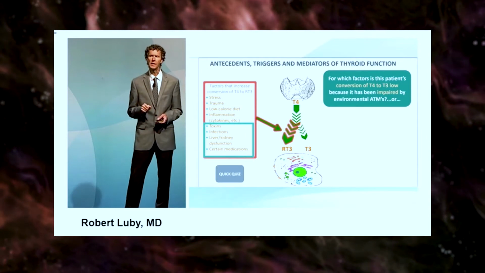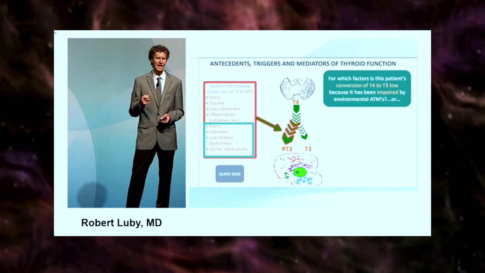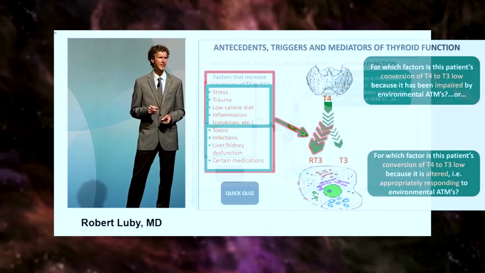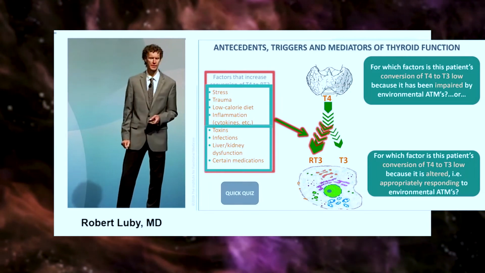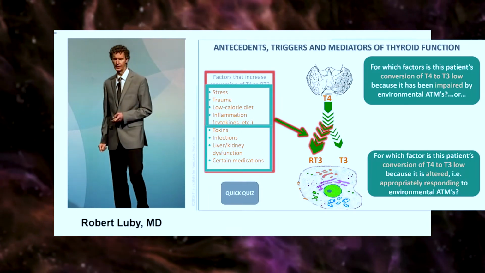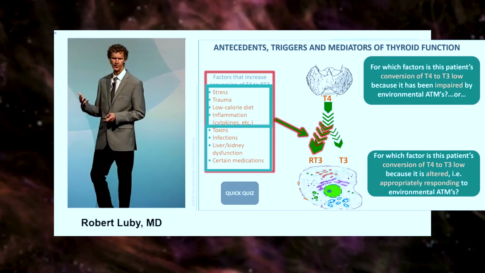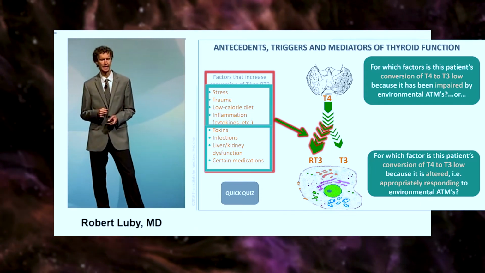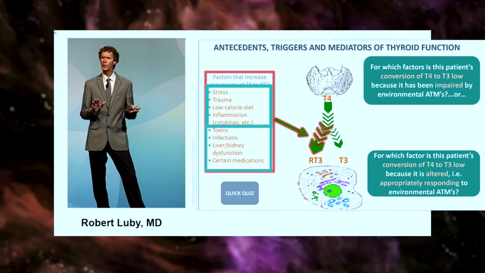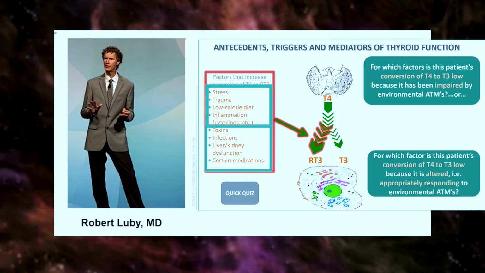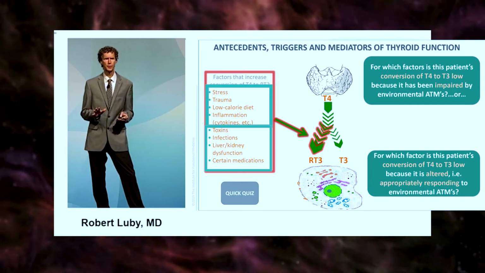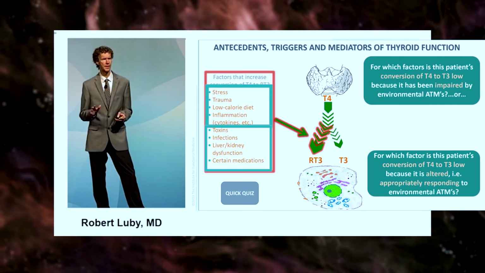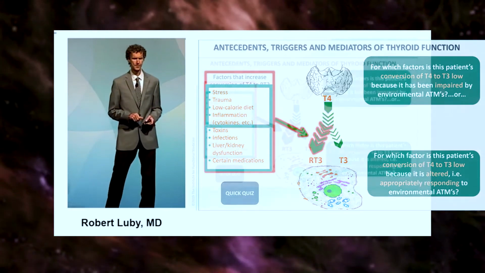Infections may be an exception there, but toxins, liver, kidney dysfunction, certain medications, that impairs the conversion of T4 to T3. In the other environmental conditions, stress, trauma, low-calorie diet, the thyroid is appropriately altering itself. In those conditions, it may be beneficial to produce reverse T3 rather than to convert to the active hormone. Okay?